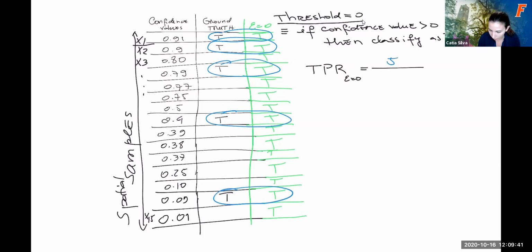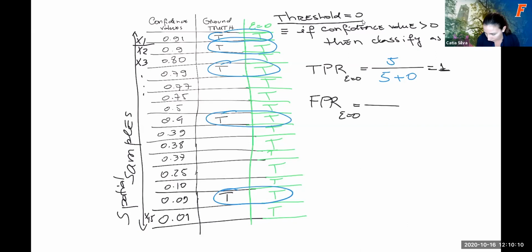And then TPR is true positives divided by true positives plus false negatives. But we don't have any false negatives, since no point was classified as negative, so that's 0. So TPR is equal to 1. Yay, we maximize TPR. Now let's see the FPR when the threshold is equal to 0.